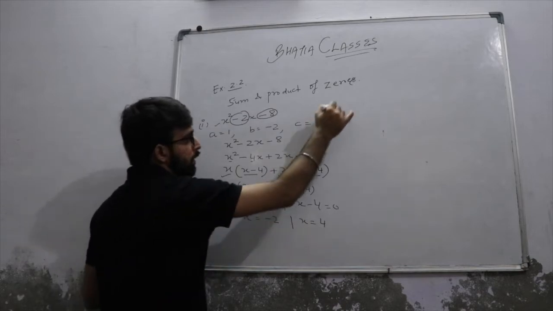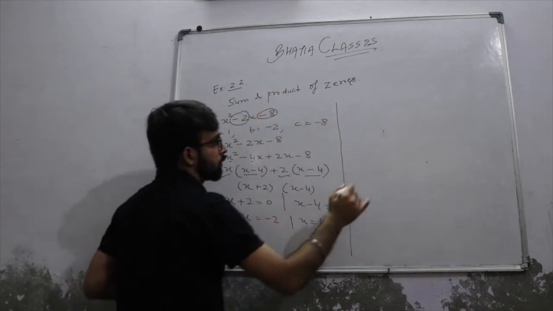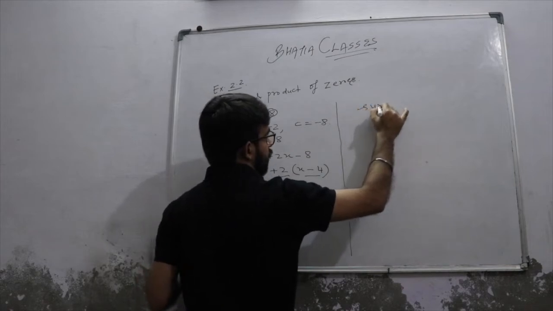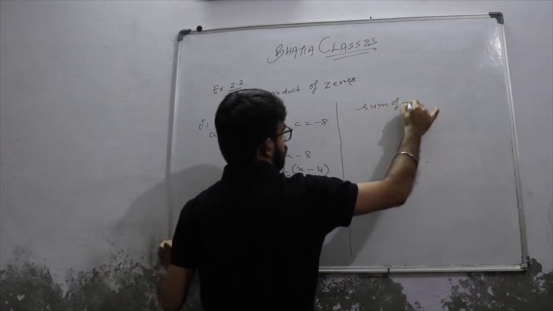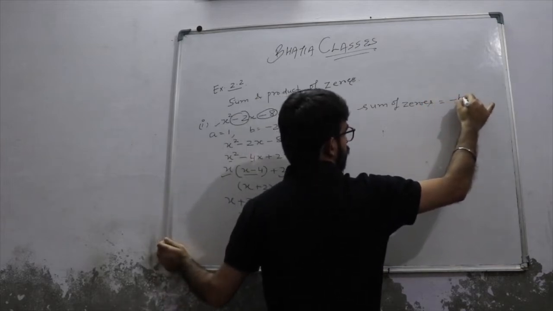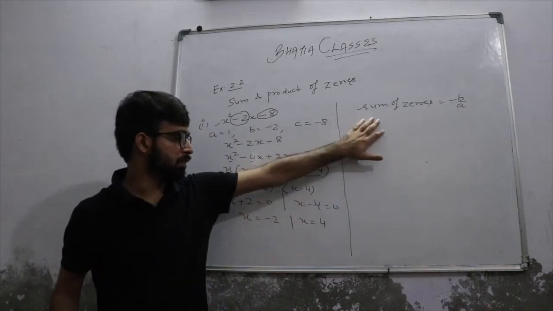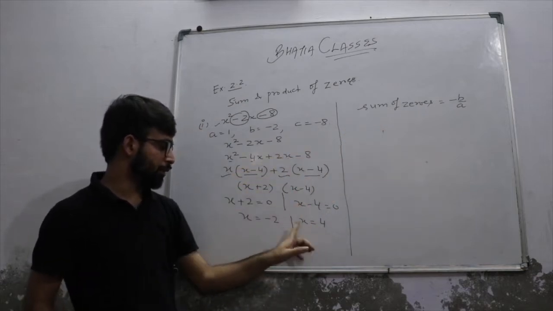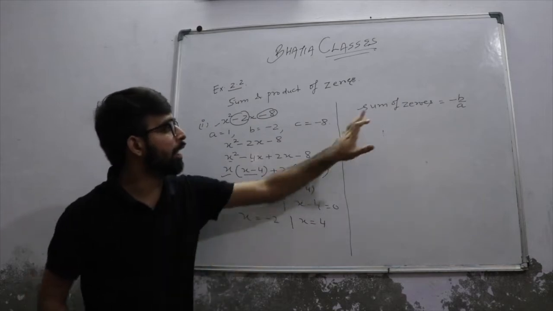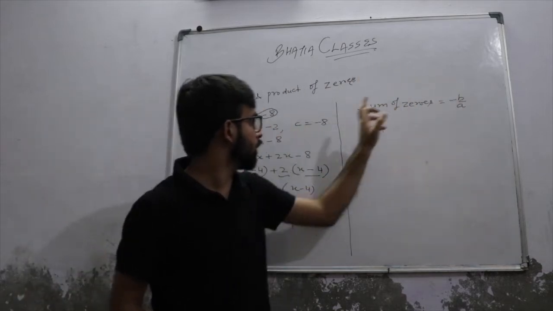Now, we will verify it by sum and product. We will apply the formulas. Sum of zeros is equal to minus b by a. Sum of zeros means you have to take the zeros 4 and minus 2 and add them. Next, putting in the values of b and a.